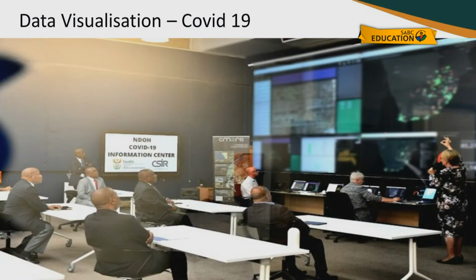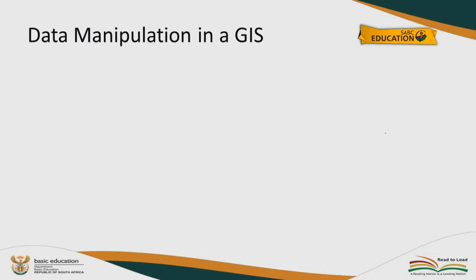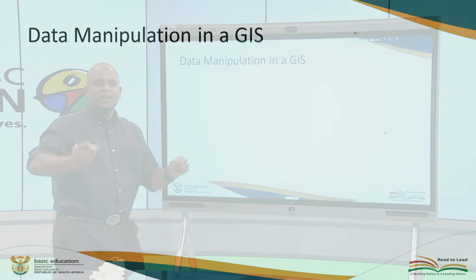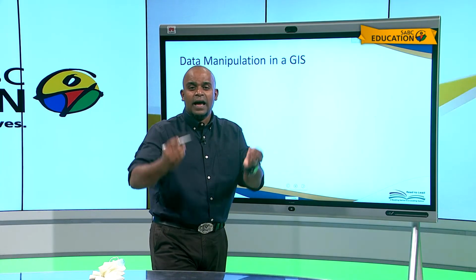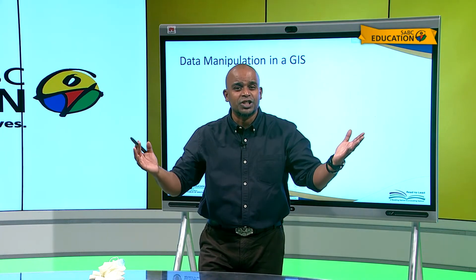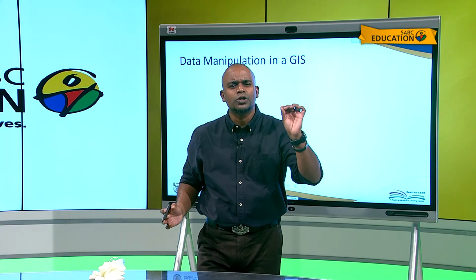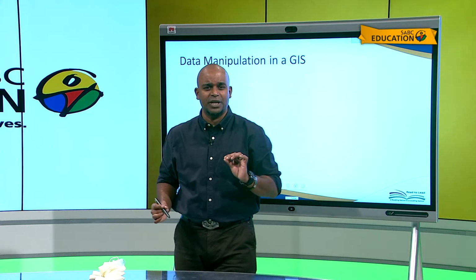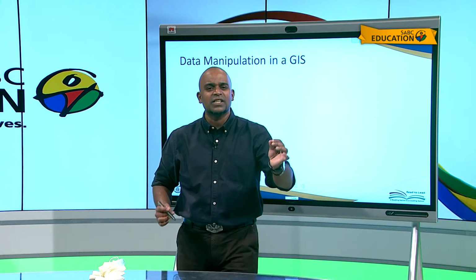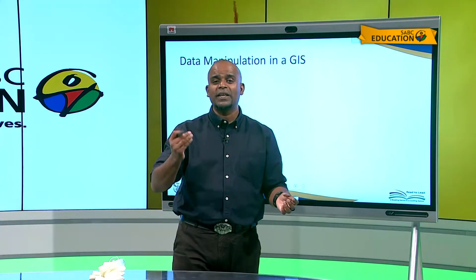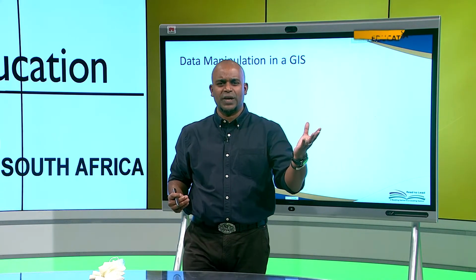Data visualization. So, what happens next? Now that the president has seen and understood the infection rates, he wants to know specifics about this information. A GIS would then assist him to make those decisions. What's his first question?